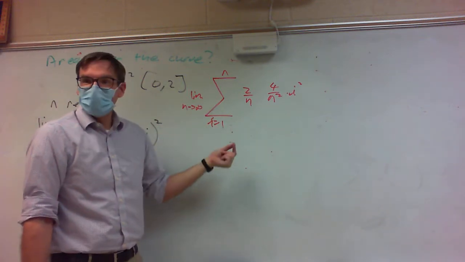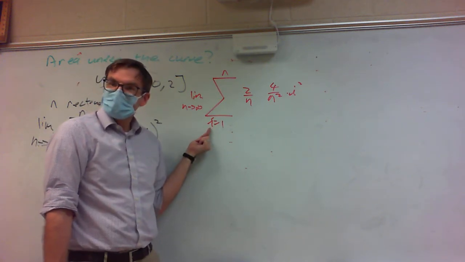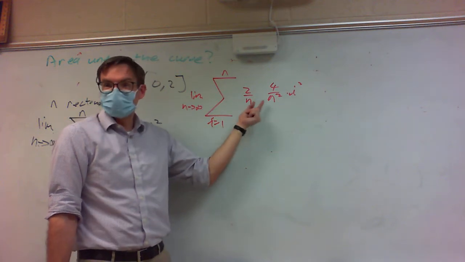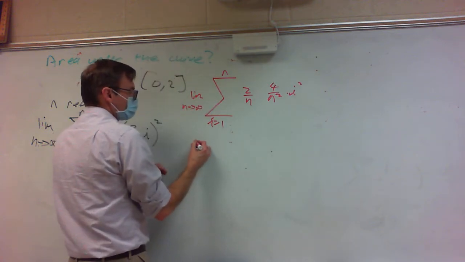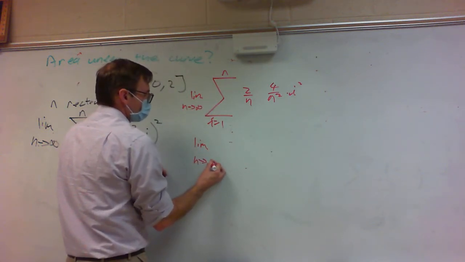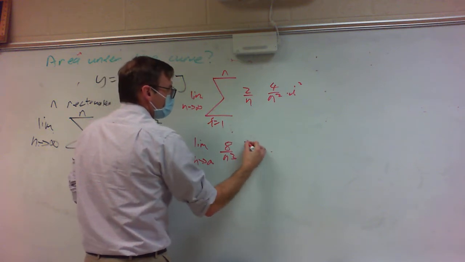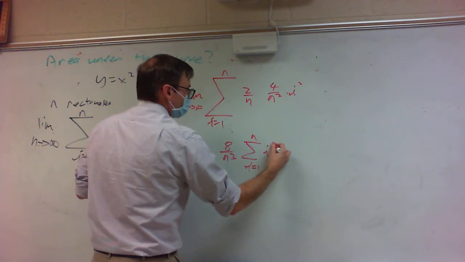In computing summations, the only letter that counts is what's here. That I is what counts. This n is basically a constant. And because that's a constant, I'm going to pull that out. And so this is going to equal the limit as n goes to infinity. When I pull this out, I end up with 8 over n cubed times the summation of I equals 1 to n of I squared.